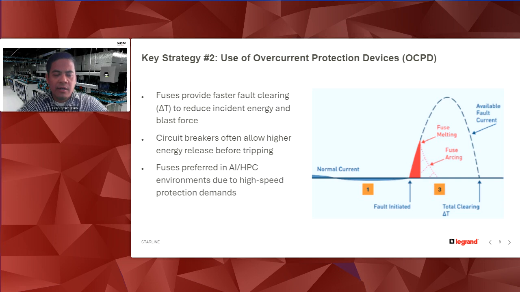The withstand for fuses can increase all the way up to 100K, 200K as well, which is more than sufficient to handle this migration to increasing power demands. Fuses have been somewhat of a preferred OCPD for AI and high compute due to the high speed protection they exhibit.